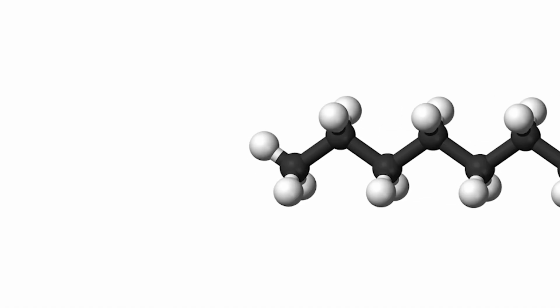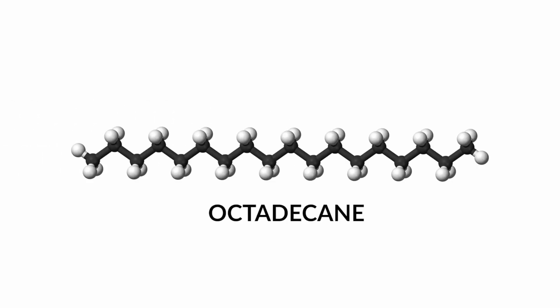Octadecane is a relatively long molecule. Again, remember that the states of matter are described in terms of the distance between the particles. The distance between the particles is affected by their motion, and the size of a molecule affects that motion. The bigger the molecule, the slower it can move. This is one of the reasons why a large molecule like octadecane is close to each other.